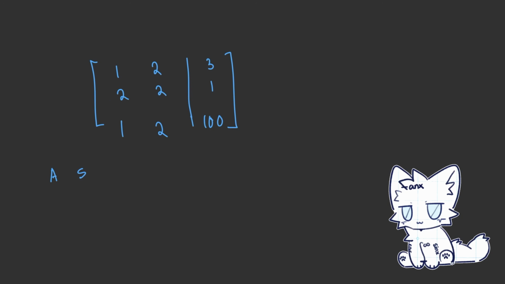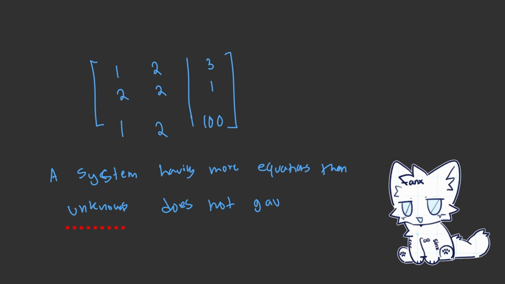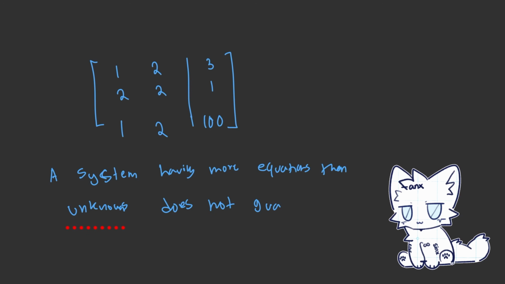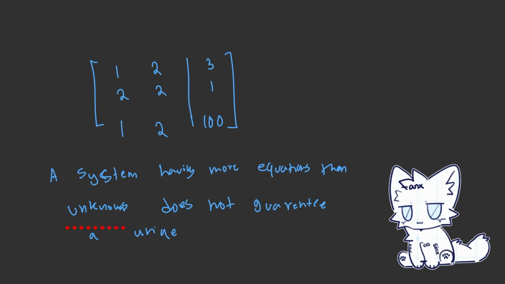So a system having more equations than unknowns does not guarantee a unique solution.